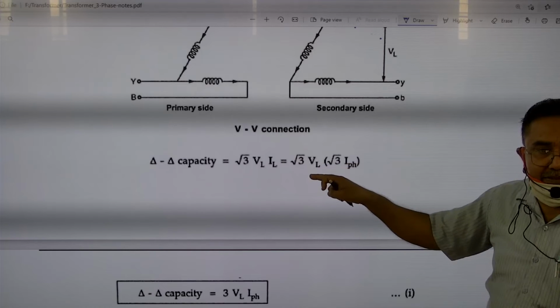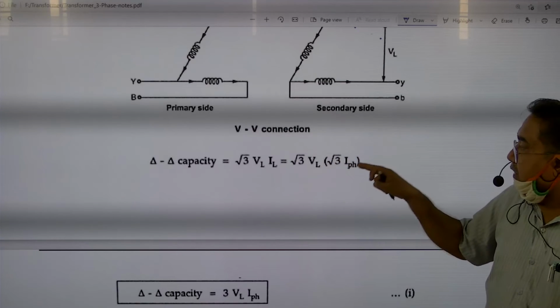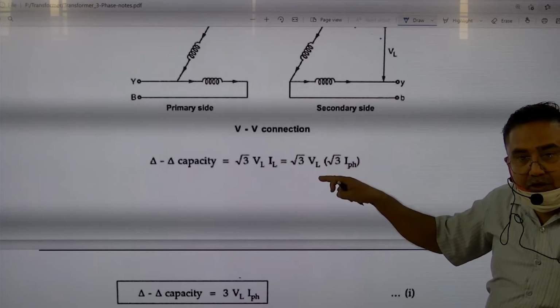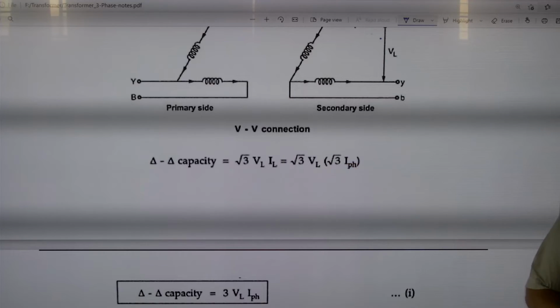√3 times V phase, line voltage multiplied by line current into cos phi also.